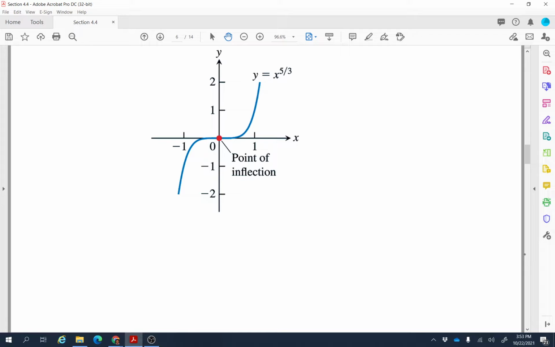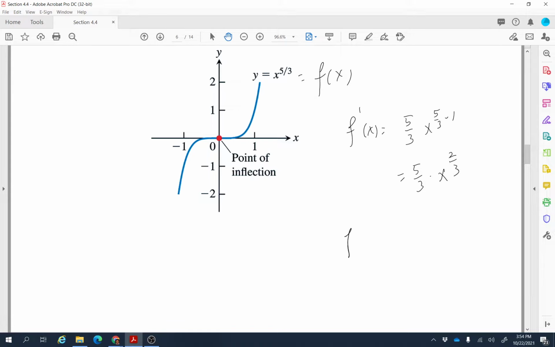This is another example, and here you have a function f of x, and you can find the point of inflection by finding the first derivative and then the second derivative. The first derivative here will be 5 over 3 times x to the power 5 over 3 minus 1 by the power rule, which is 5 over 3 times x to the power 2 over 3.